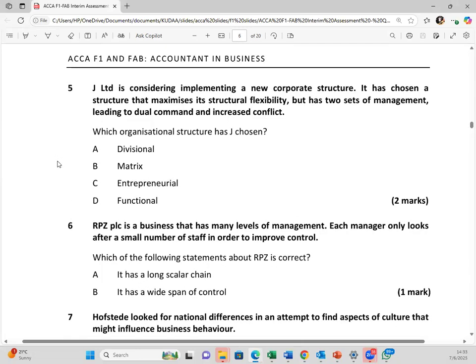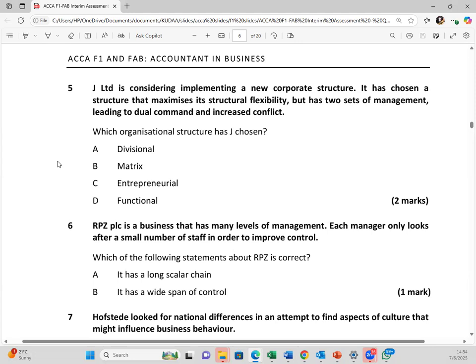J Limited is considering implementing a new corporate structure. It has chosen a structure that maximizes its structural flexibility. It wants to be flexible, but with two sets of management, leading to dual command and increased conflict.